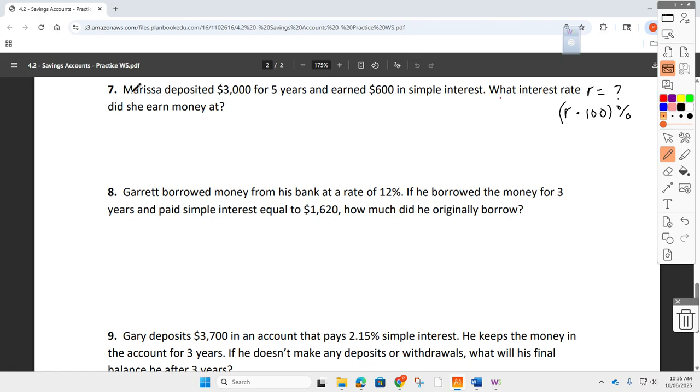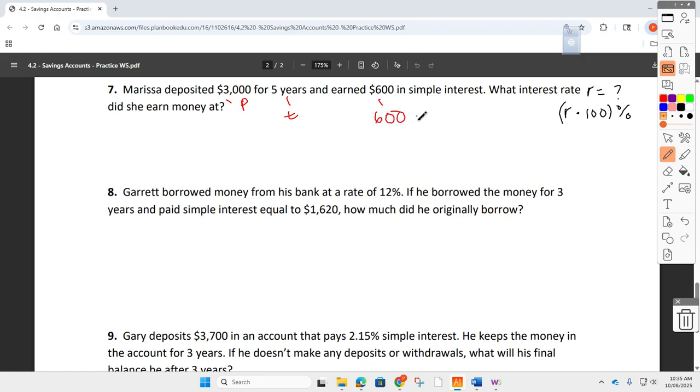So here, the deposit is her principal. 5 is her time. 600 is interest. Does that make sense, Chantal? So it says they earned $600 in simple interest.